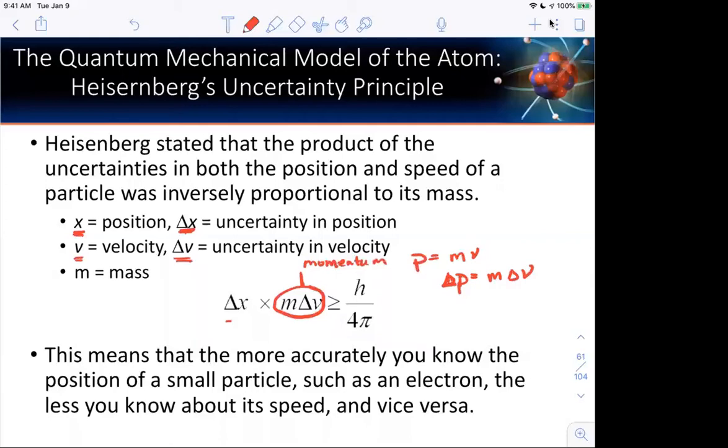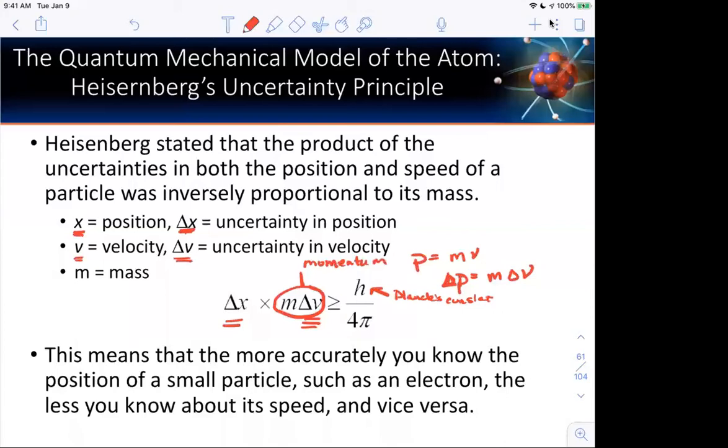So when I take the uncertainty in my position, now the mass doesn't change, and I multiply it by the uncertainty in the velocity, I'm going to get greater than or equal to Planck's constant. And I can solve for uncertainty. I can solve for delta V. I can solve for a lot of different things because these are just variables in an algebraic equation.